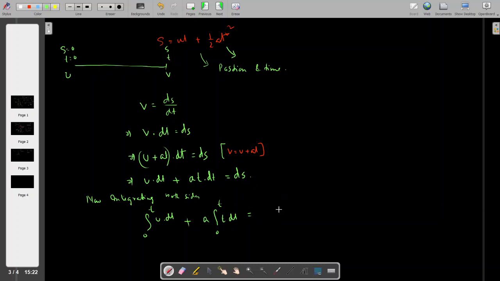For displacement, the limit will be from 0 to s.